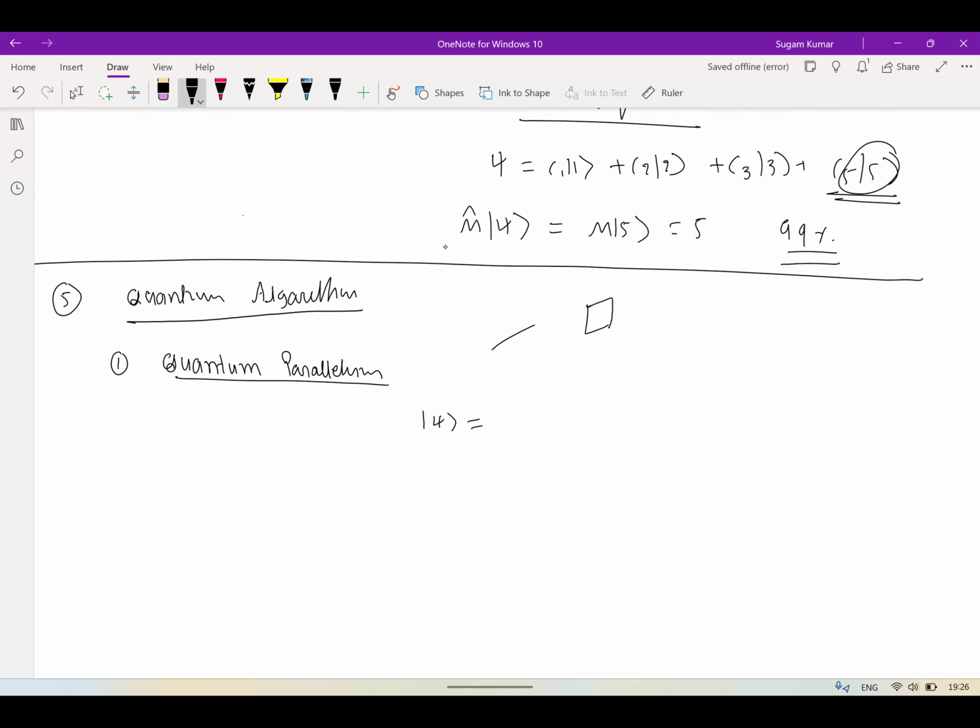For example, when you add 2 plus 3, it can create all possible results simultaneously, and then you can get one result out at the output by interference and then measurement. So we will work a little bit on quantum parallelism, and then we will come to the actual algorithm. For example, we will spend some time on the very first quantum algorithm, called the Deutsch algorithm.